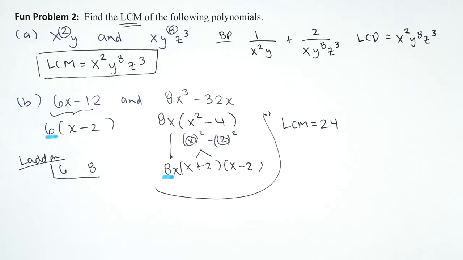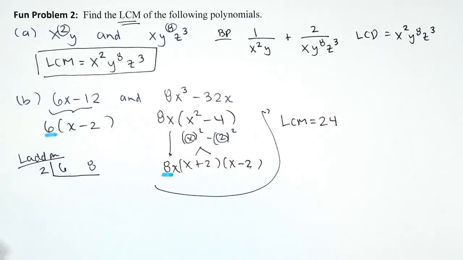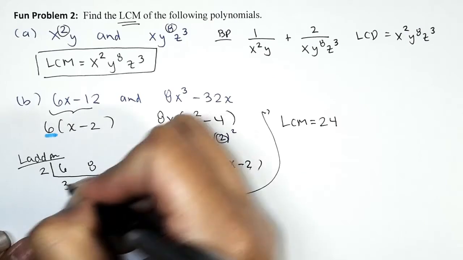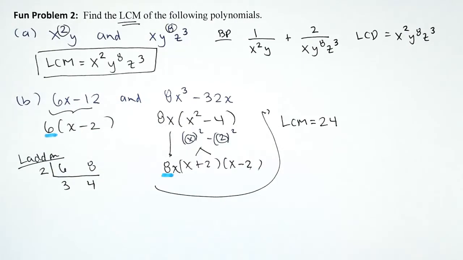You can use it for 2 or more numbers as well, but it doesn't work out so nicely after you have 2 numbers. So we're just going to use the ladder if needed when you have 2 numbers. We divide by the first thing that comes to mind, which is 2. 2 goes into 6 3 times and into 8 4 times.